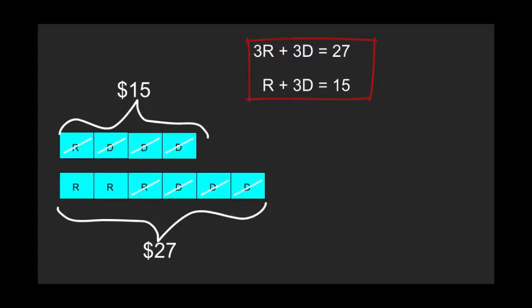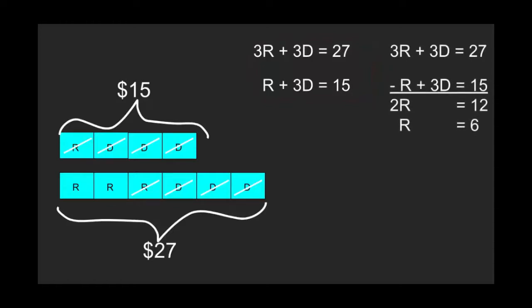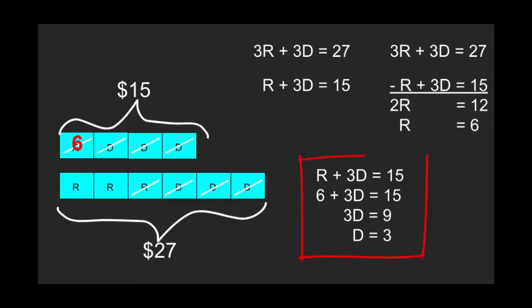Just as with the representational, quantities can be eliminated. It can be concluded that 2 r's is equivalent to 12, making 1 r equal to 6. When substituting this back into the equation, just as with the representational, we can conclude that 1d equals 3.